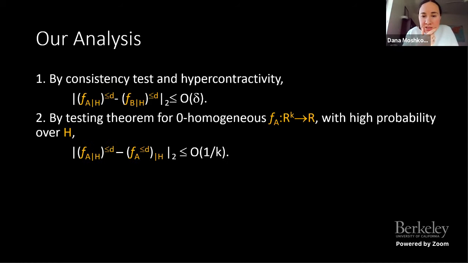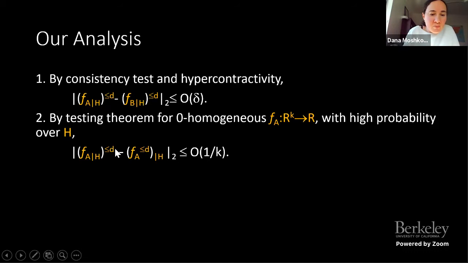Now we finally use the testing theorem. As I told you, the testing theorem works smoothly on the sphere, and we want to work in Gaussian space, and we have this trick to move to the sphere. Forget that. The main issue is that the degree D part of the function is the same.